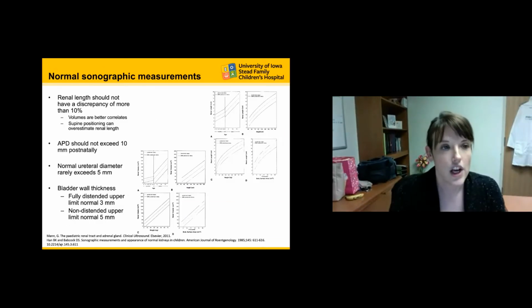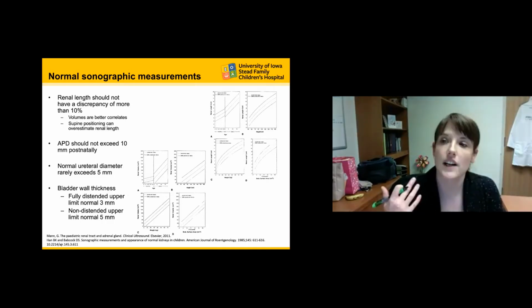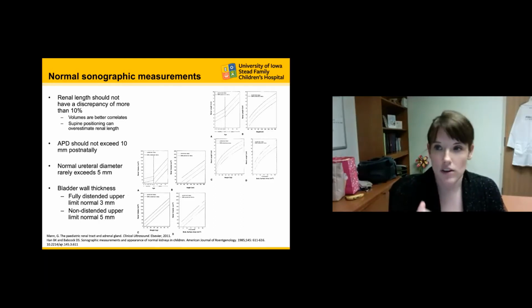Okay. So moving on to normal sonographic measurements for the kidney. Something that I always follow along in kids I am seeing for prenatally diagnosed hydronephrosis, history of reflux, urinary tract infections, things like that, is as they grow, are their kidneys growing symmetrically and appropriately? There is not a perfect algorithm for measuring renal length.